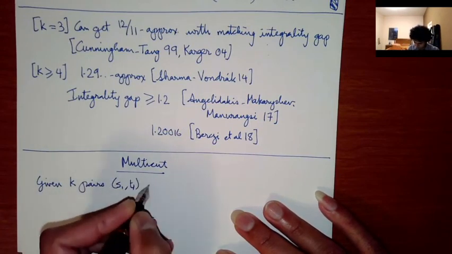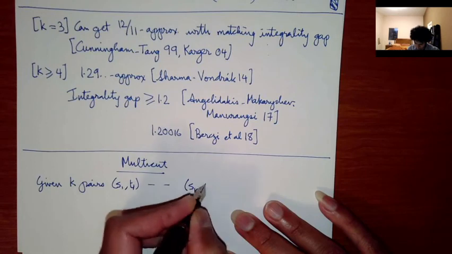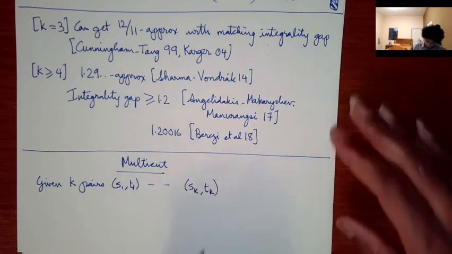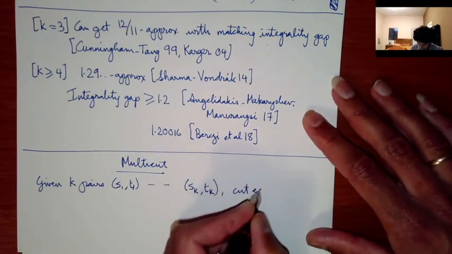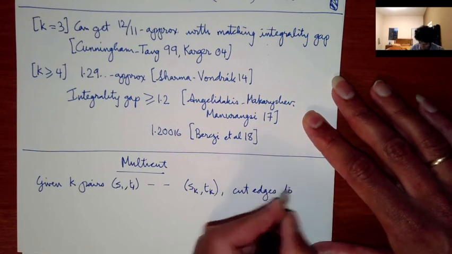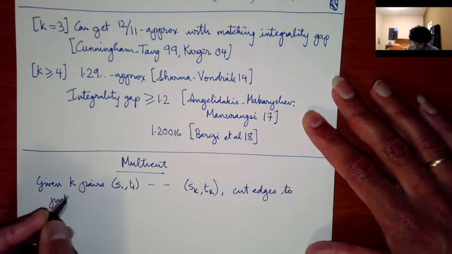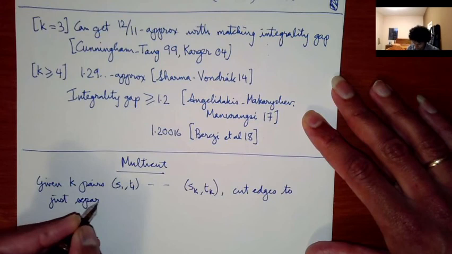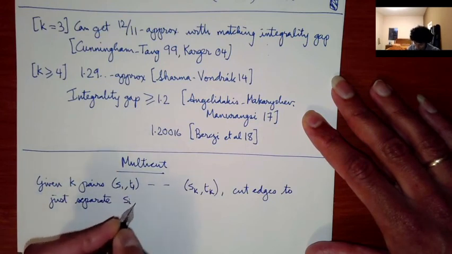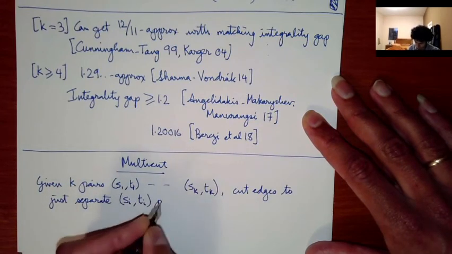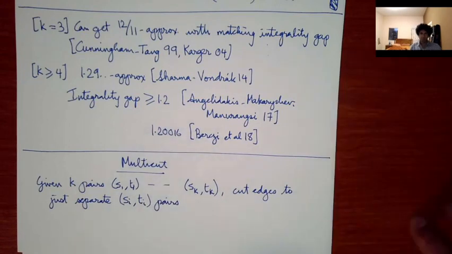S1, T1, SK, TK. And so we cut edges to just separate the Si-Ti pairs. Right? So you just need to separate the pairs from each other, not all terminals from each other.